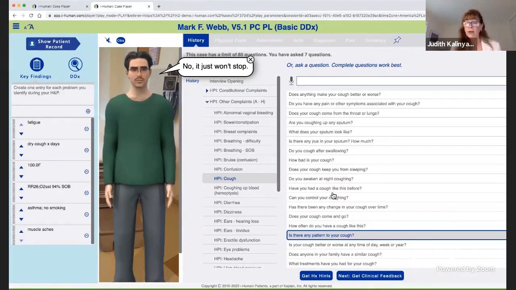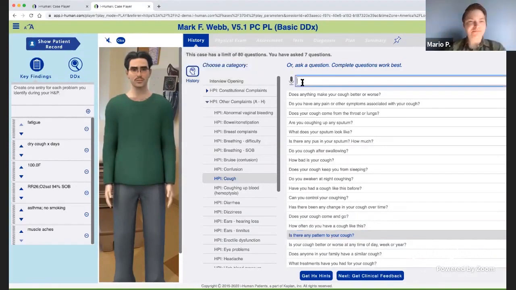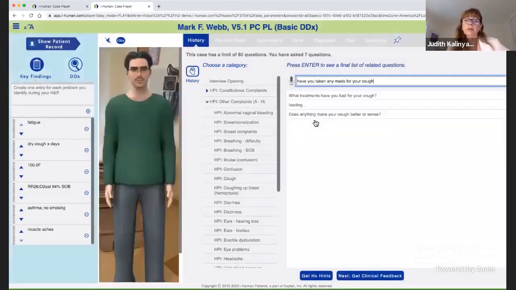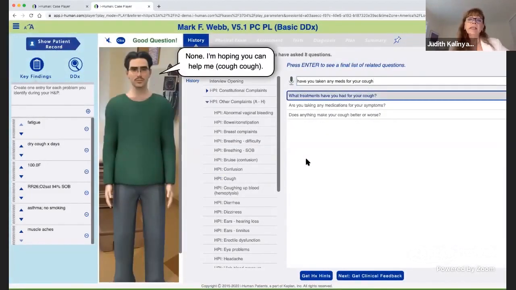Any other questions on cough, or should we pick a different symptom? Have you taken anything for the cough? Okay, so let's just type that. Have you taken any treatments for your cough? You can see that sometimes it's just giving you slightly different phrasing.